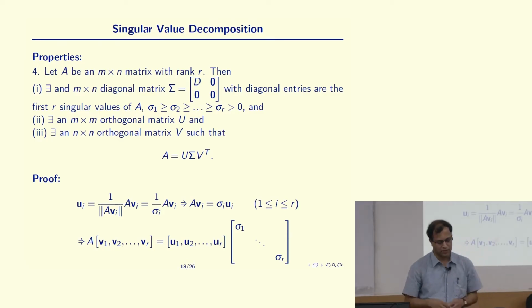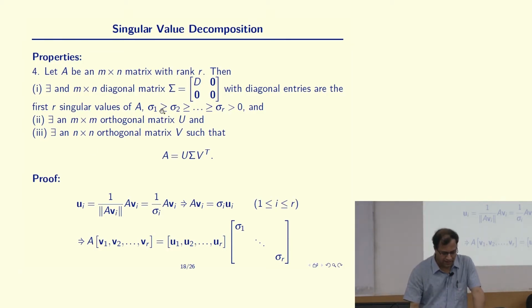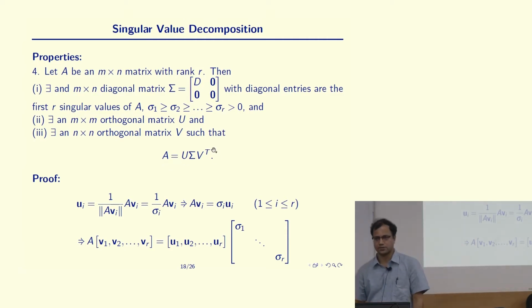If A is an m by n matrix with rank r, then there exists an m by n diagonal matrix sigma with 0 elements in the rest of the entries, where the sigma is are the singular values, which are the square roots of the eigenvalues lambda is. Then there also exist matrices U and V so that A is equal to U sigma V transpose.